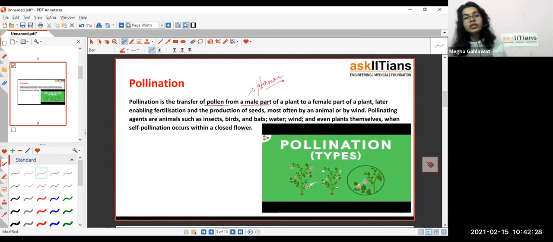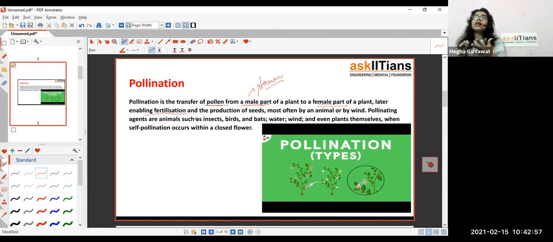Remember in the previous session, we learned how a stamen contains a filament and an anther, and the anther produces all the pollen grains. From the stamen, the pollen grain is transferred to the female part of the plant, where it is responsible for fertilization. This entire transfer of pollen grain from the male part of the plant to the female part is called pollination.